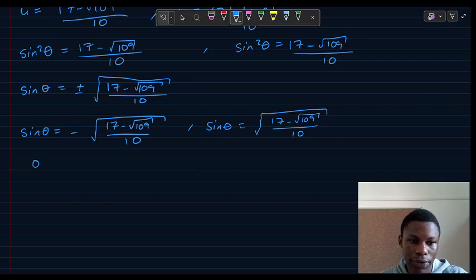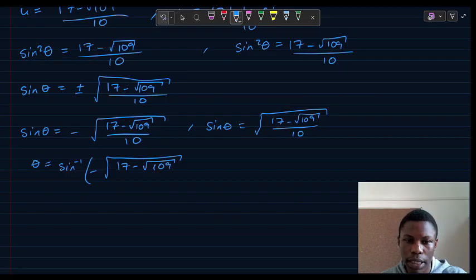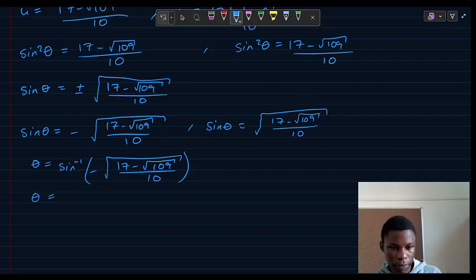So here we have that theta is equal to arcsine of negative the square root of 17 minus root 109 over 10.